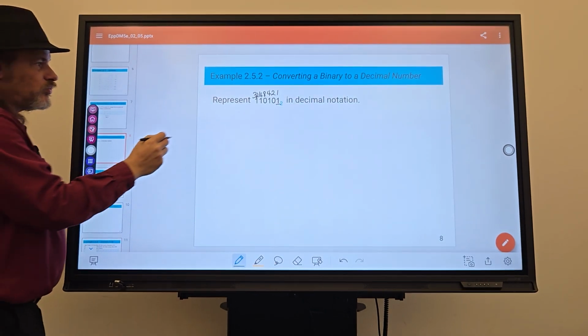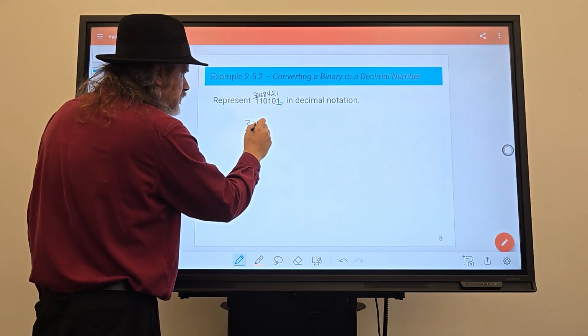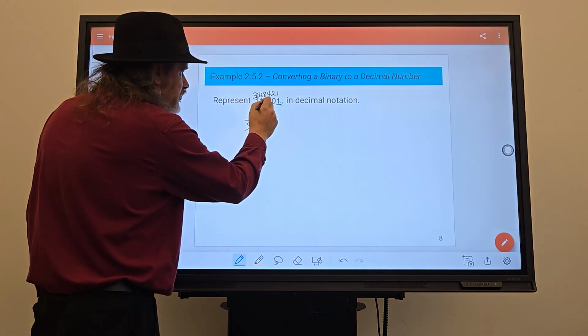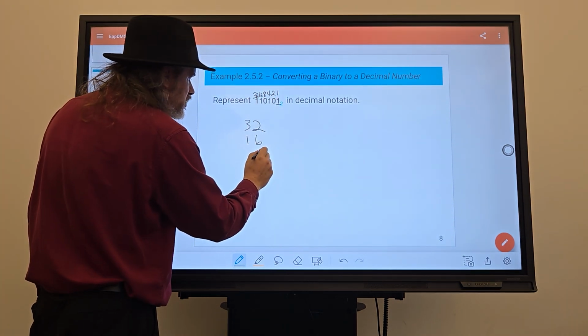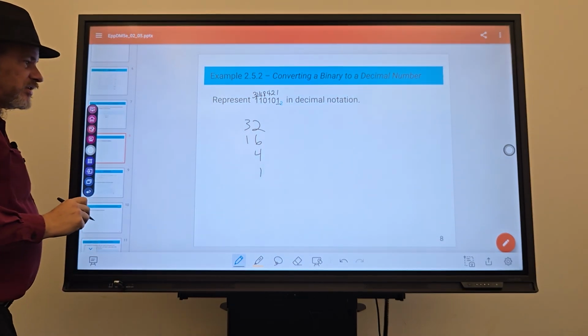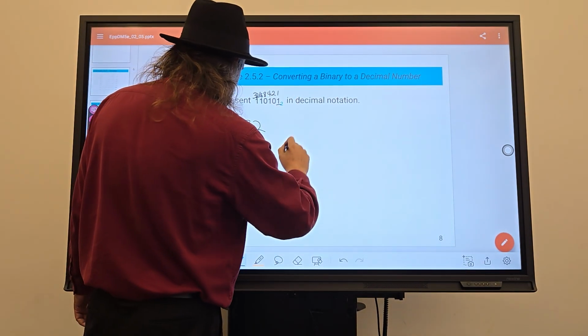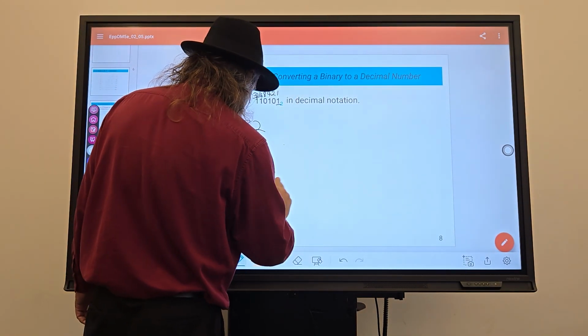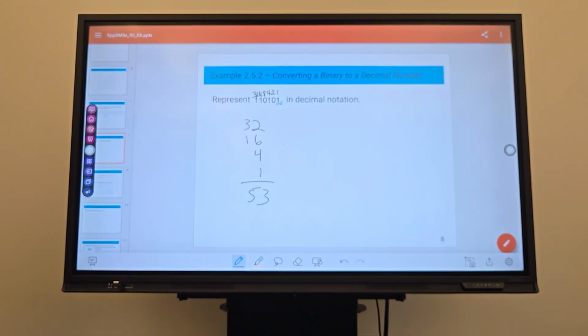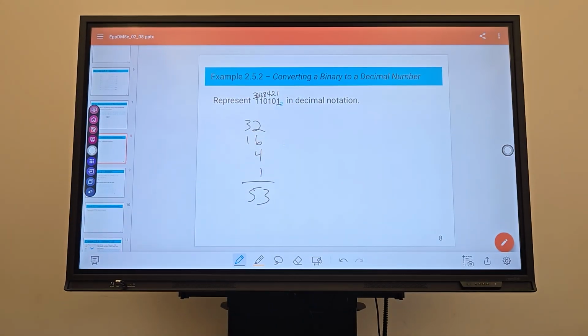So you take 1 times 32, 1 times 16, 0 times 8, 1 times 4, and 1 times 1 gives you, what, 53? That's how you convert 1s and 0s to decimal. The simple way, at least.